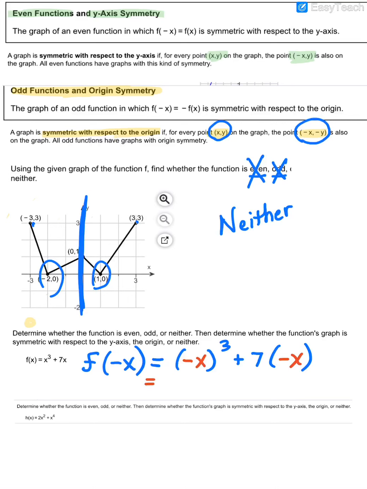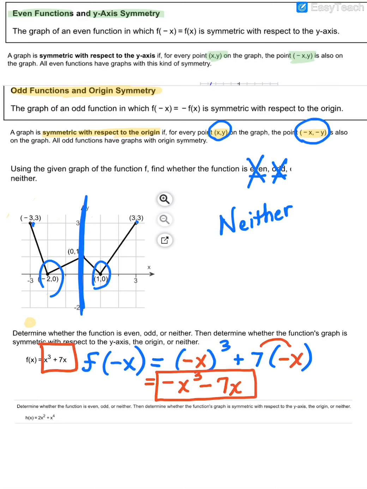When I cube a negative, think of that like a -1, it's still negative. And then when I cube the x, it becomes x cubed. Over here, when I multiply 7 times negative x, I get negative 7x. Now, you want to compare this answer to the original function.